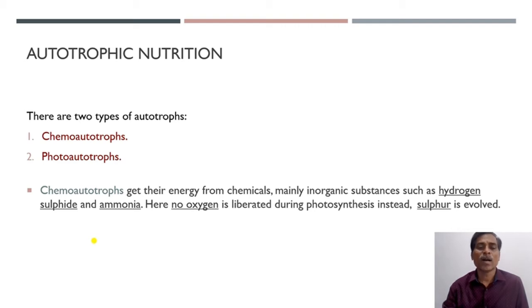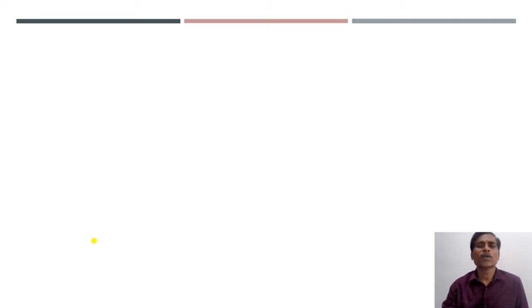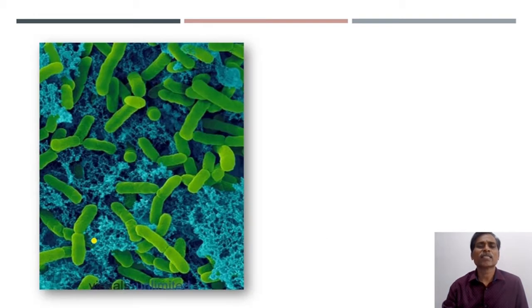What are the microorganisms that prepare their own food by chemosynthesis? They are sulfur oxidizing bacteria, nitrogen fixing bacteria, iron oxidizing bacteria, and cyanobacteria. So you observe the images, some are on the screen.